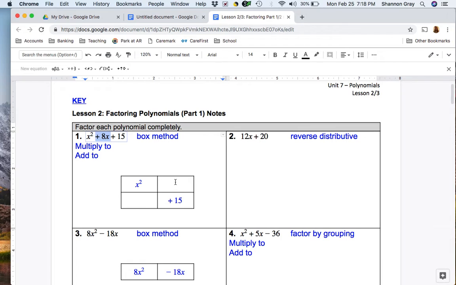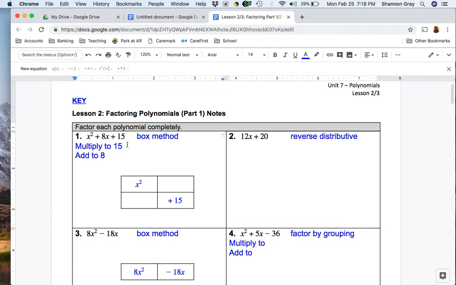What we do know is that whatever was here plus whatever was here had to be 8x. And we also know that whatever's here times whatever's here has to give us 15. So really what we're trying to do is multiply to 15 with the same numbers that we're trying to add to 8, or 8x. I'm just going to leave it 8 for now.